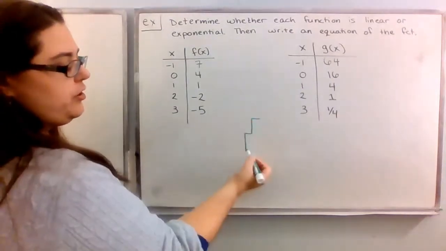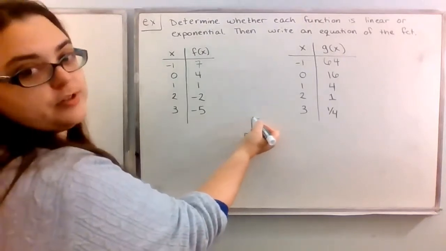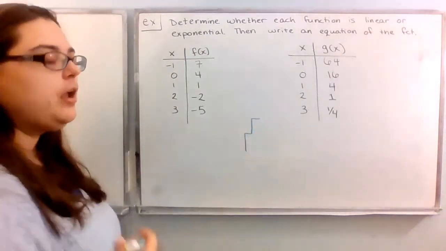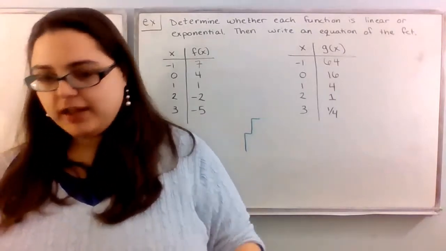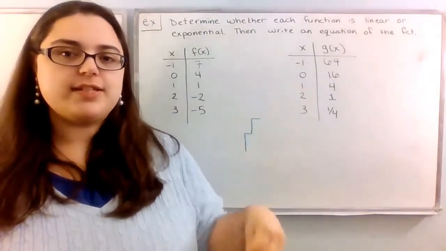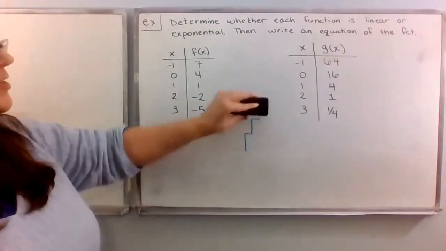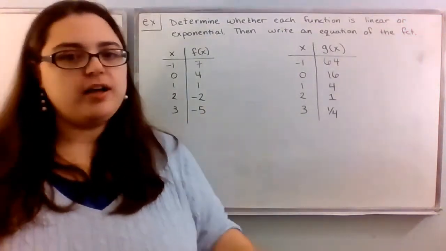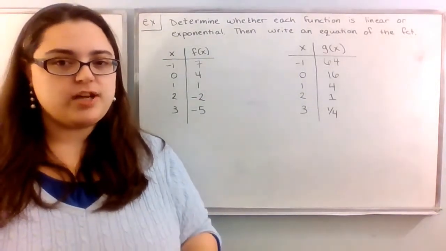If your slope is 2/3, you could think of it like going up 2/3 over 1, up 2/3 over 1. So when you have a linear function, what you'll see in the table is it will either increase or decrease by adding the same amount each time. When you have an exponential function, as we just saw, it's going to increase or decrease by multiplying by the same thing each time.